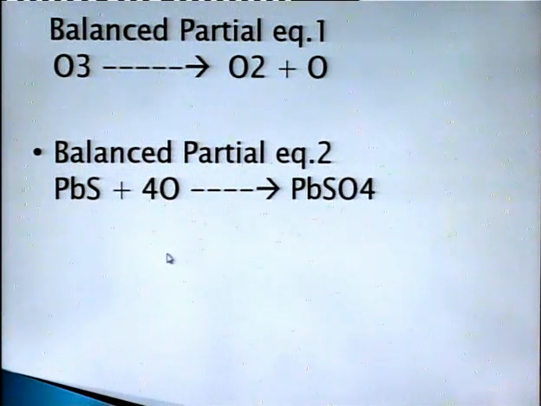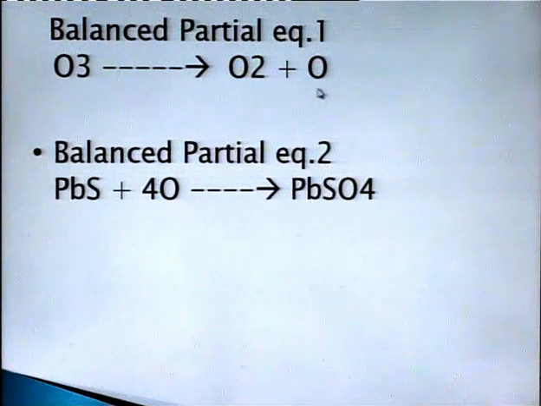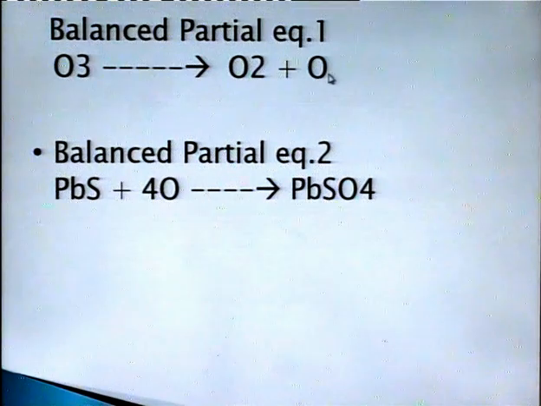oxygen atoms. Now these two equations have been balanced, but in these equations here O is acting as intermediate, which is to be cancelled during the addition of these two reactions. So if we want to cancel O, in the first equation there is only one O, but second partial equation contains 4 atoms of oxygen.